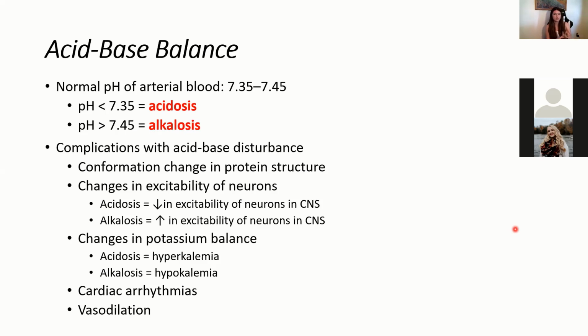Since we're also thinking about solutes in the kidneys as they relate to our acid-base balance, it's important to note that the pH of your blood is in some ways linked to the potassium balance.